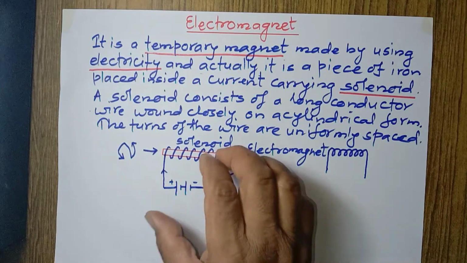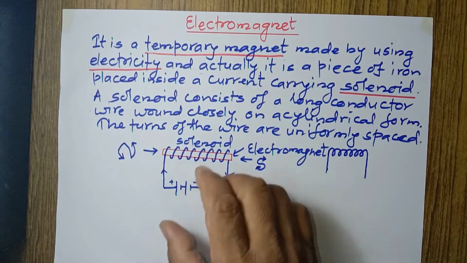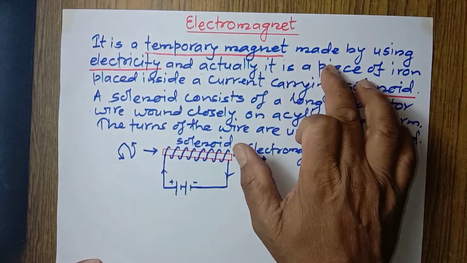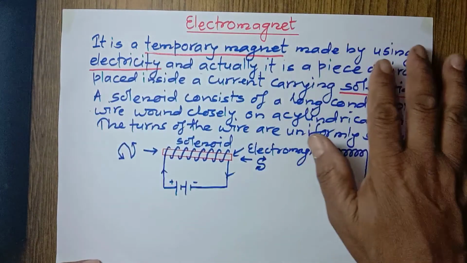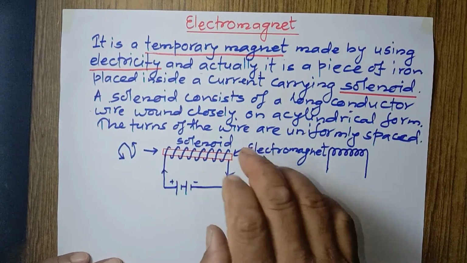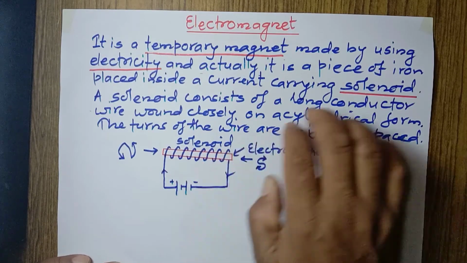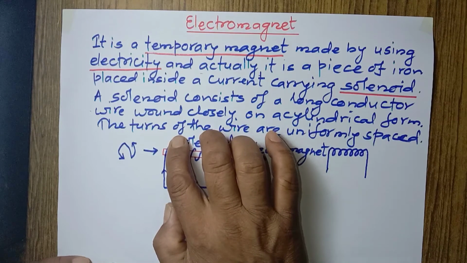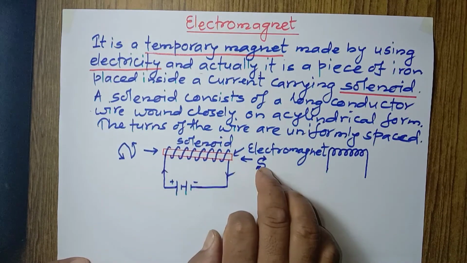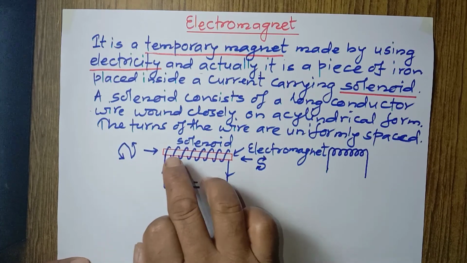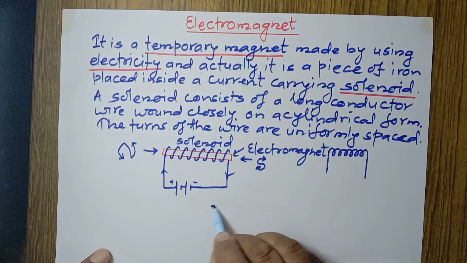This way we can declare the magnetic poles of electromagnet also. Remember this is a temporary magnet. It is made by using electricity, and in the sense of construction, actually it is a piece of iron or nickel or cobalt, any ferromagnetic substance placed inside a current carrying solenoid, and we can declare its magnetic pole with the help of direction of current at the end of the solenoid. Okay, this much for today.